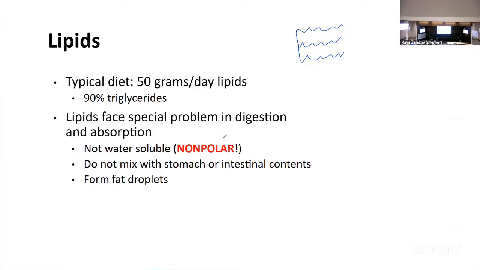We do still have to chemically break down these lipids. So we're going to need to find a way to break up this big globule of fat into smaller fat droplets and then be able to actually attack these lipids with an enzyme.